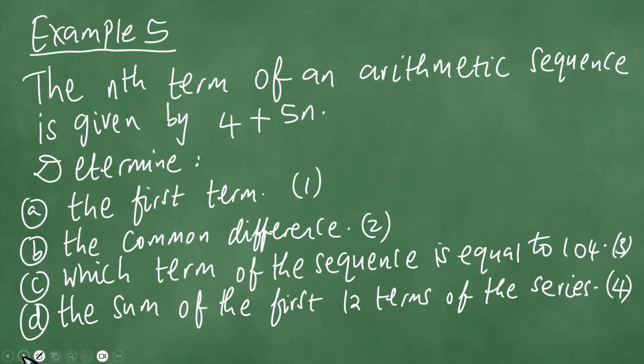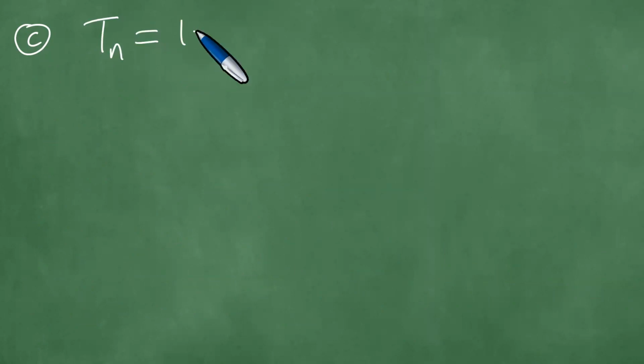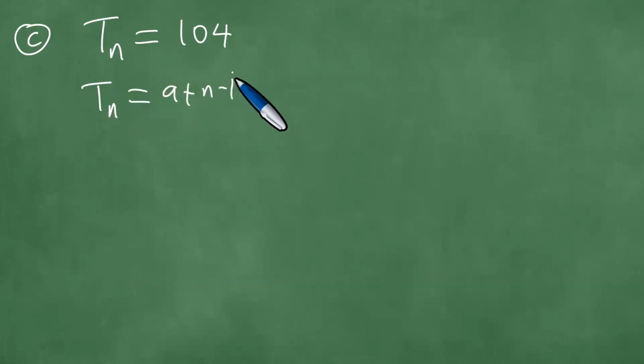Which one is it? You have to use the formula for Tn because they're saying there's a term which is that. What is the formula for Tn? It is A plus n minus 1 into D.